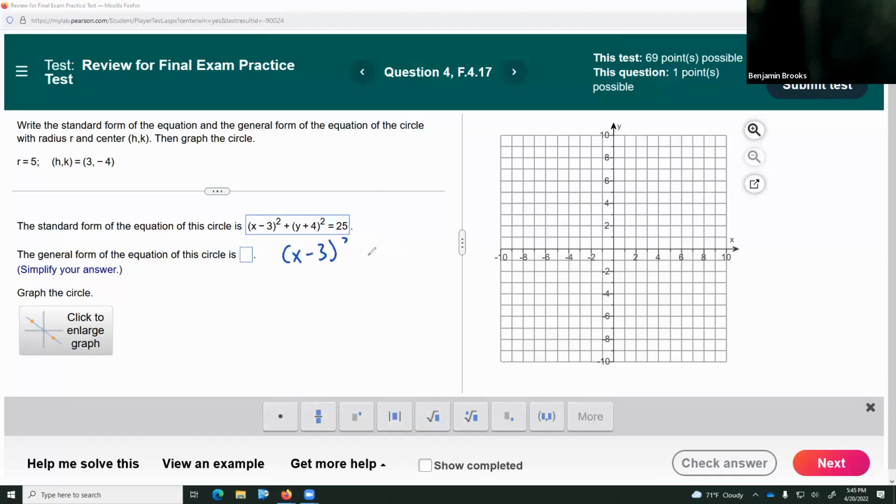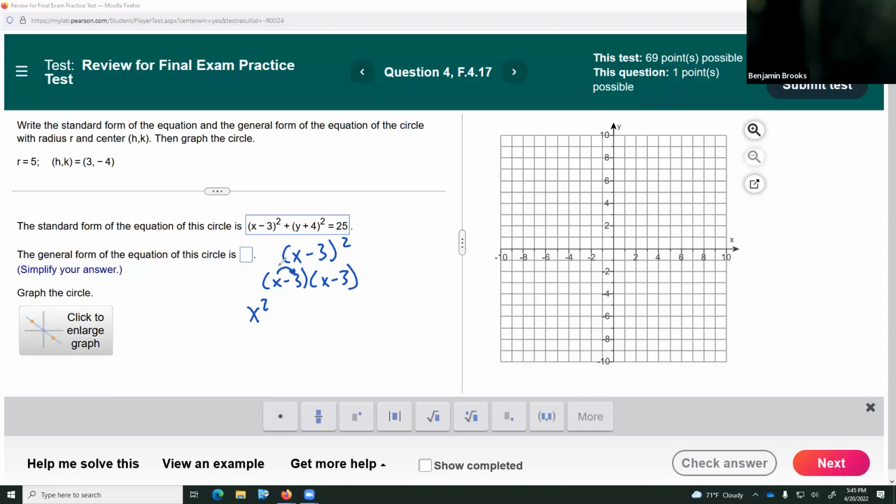To actually turn it into general form, we have to do a little math. We're going to have x minus 3 squared, which is the same thing as x minus 3 times x minus 3. According to completing the square, which we've been doing all year, you start with x squared, and then you multiply x times negative 3.